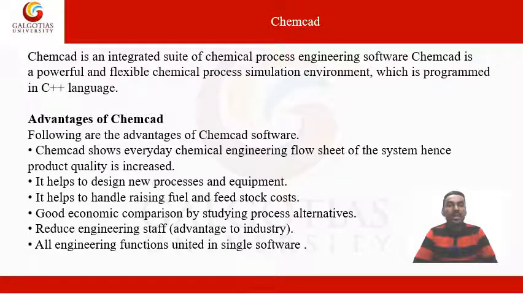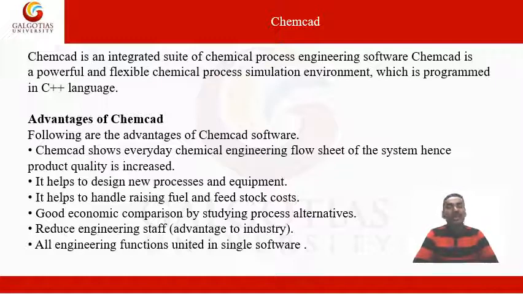Dear students, I told you that there are different simulation software, what simulation software is, and why simulation software is used more in the chemical industry. In the previous classes I told you about the advantages and importance of simulation. Here ChemCAD is also a simulation software, written in the C++ language.